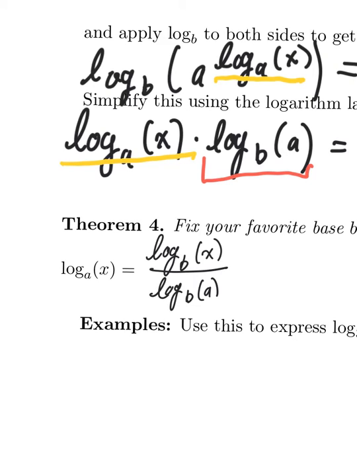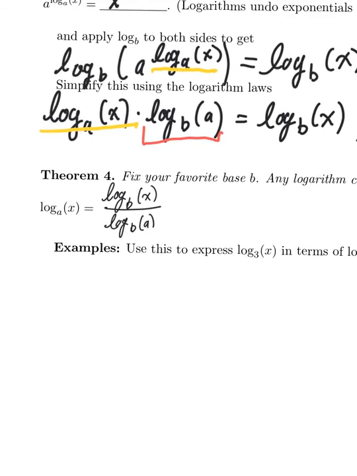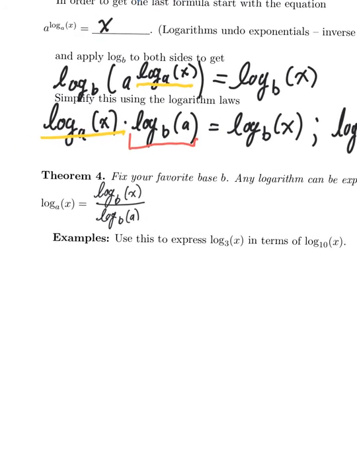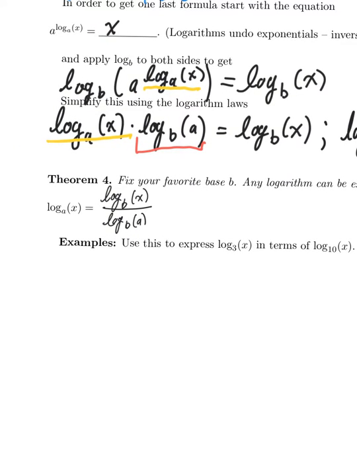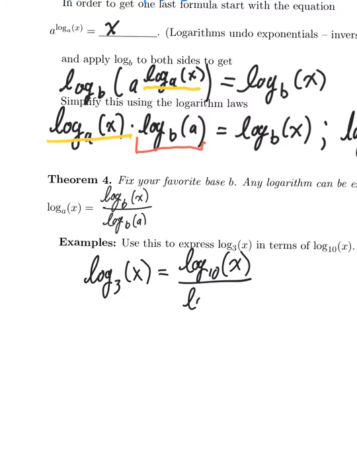So what that means is if you know any one log function, you know them all. You can express any log function in terms of any other. You can express log base 3 of x in terms of log base 10 of x using this formula. Log base 3 of x is equal to the log base 10 of x divided by the log base 10 of 3.